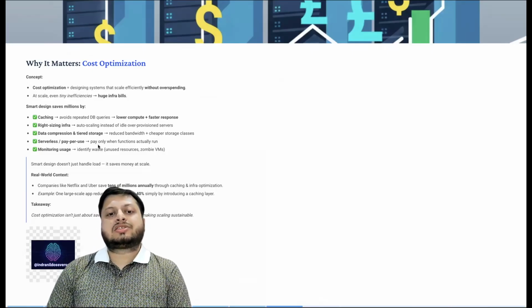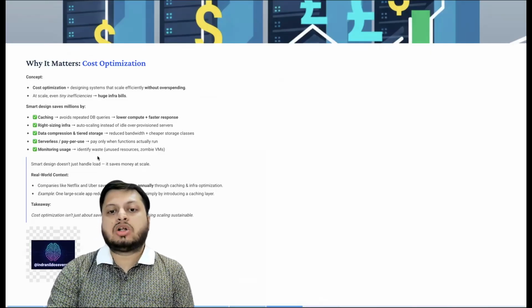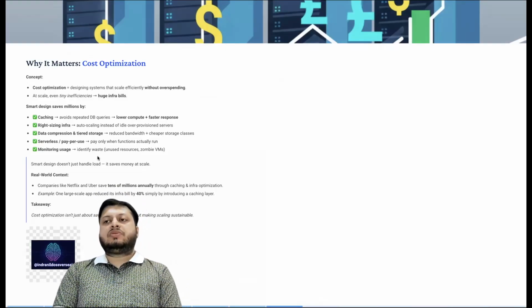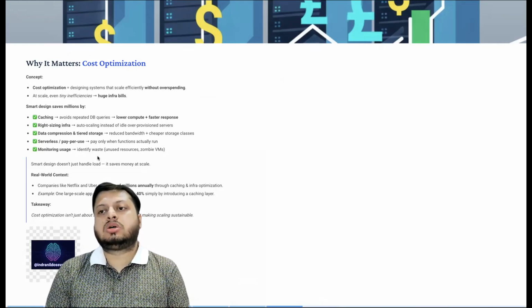The other thing is serverless or pay per use. Pay only when your functions actually run. And also the fundamental aspect is monitoring your usage. If somewhere you are using a lot of infra, you are over provisioning infra, you must monitor that and say, hey, I'm not requiring this, they are unused resources. So that's how you do cost optimization.